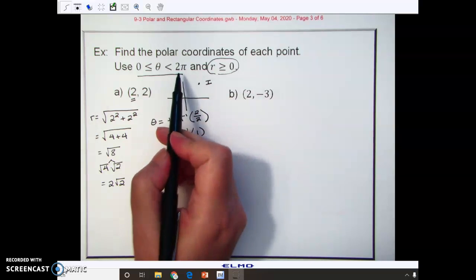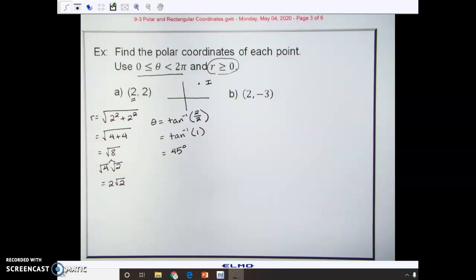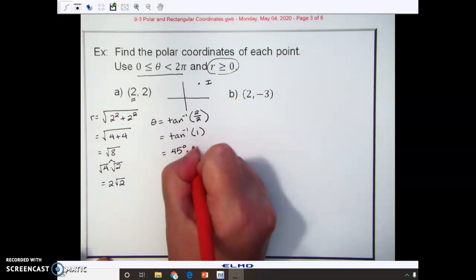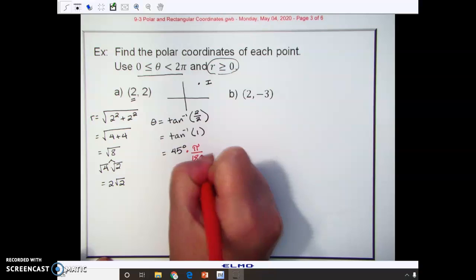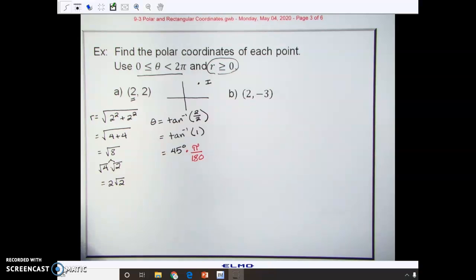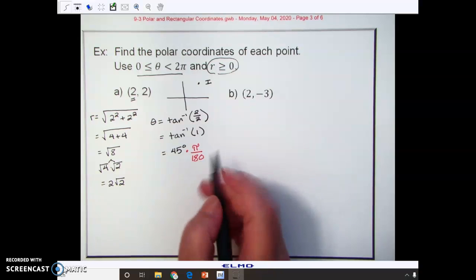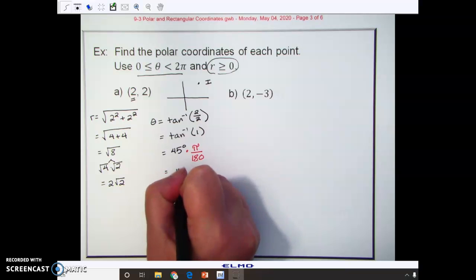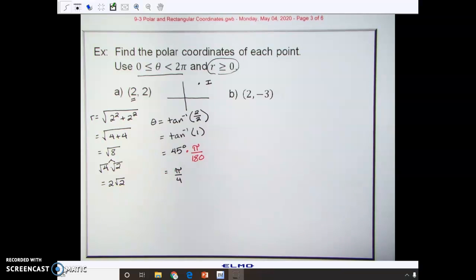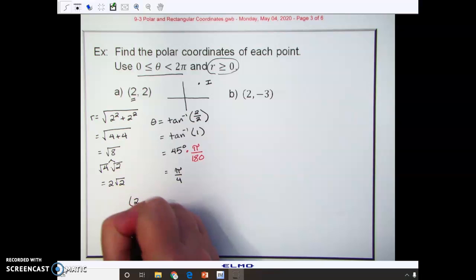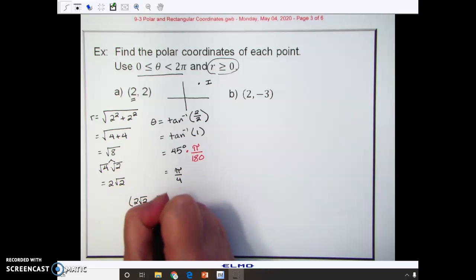Now, they said that we wanted it in radians, so we're going to multiply this by pi over 180. So if you put 45 fraction button 180 into your calculator, you're going to notice that you get 1/4. So that's going to be pi over 4. So we get 2 root 2 comma pi over 4.